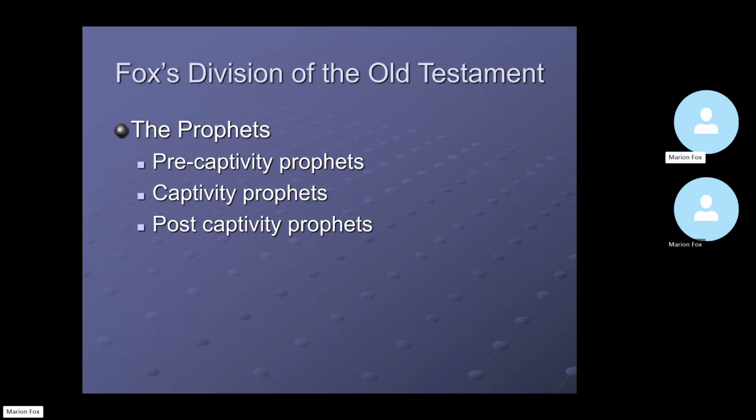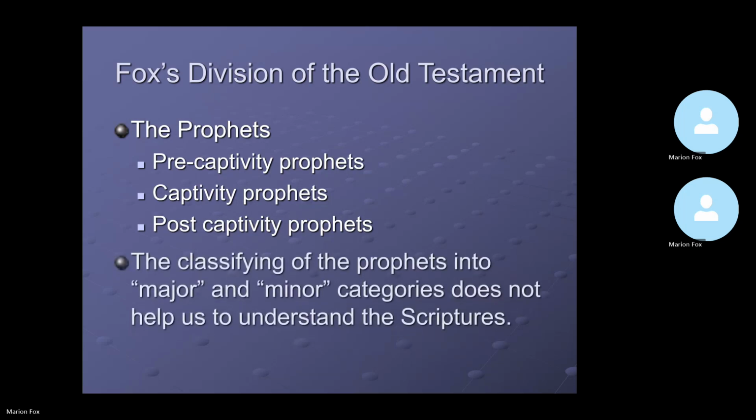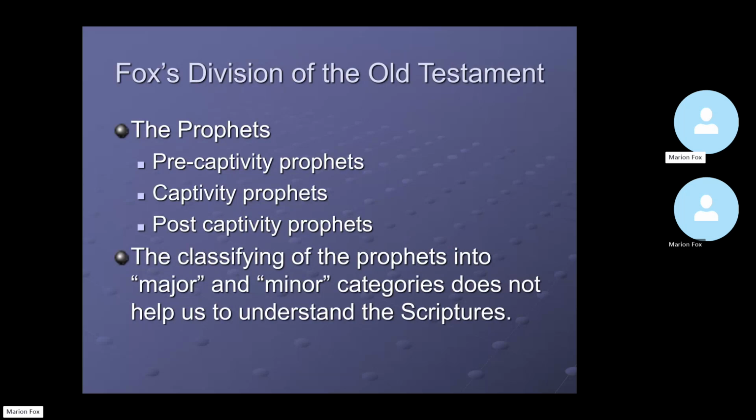There are principles sometimes that are timeless, but sometimes some of what the prophets are preaching about and trying to get Israel and Judah to return back to God had to have a historical base. So we have the pre-captivity, captivity, and post-captivity prophets. And the classifying of prophets into major and minor categories doesn't seem to help us to understand the scriptures. But this classification, I believe, does help us to understand the scriptures.